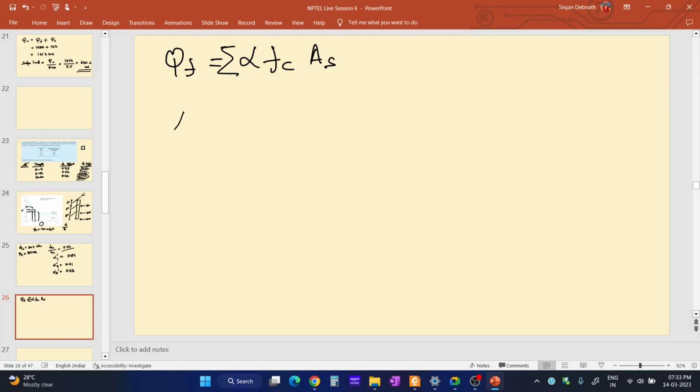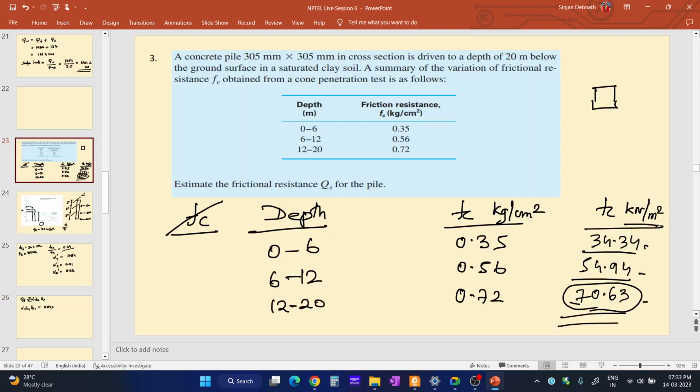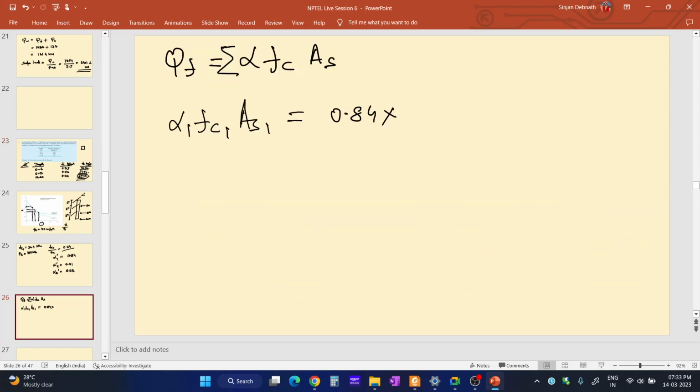For the first part, alpha 1, FC1, AS1, how much is it? Alpha 1 is 0.84, into the value of FC1, which is 34.34. And how much is AS1? It is the perimeter multiplied by the length of that segment.